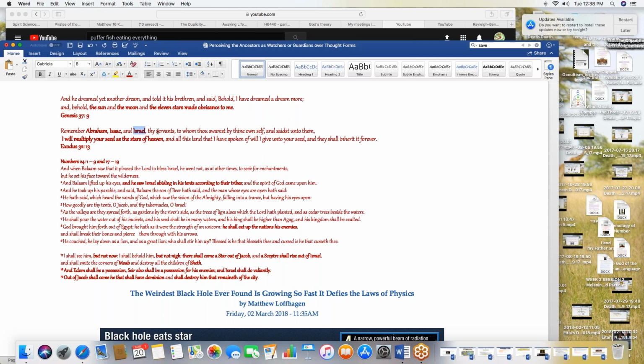Thy servants, to whom thou swearest by thine own self, and saidest unto them, I will multiply your seed, not as humans, not as servants, but as stars of heaven. And all this land that I have spoken of will I give unto your seed, and they shall inherit it forever.